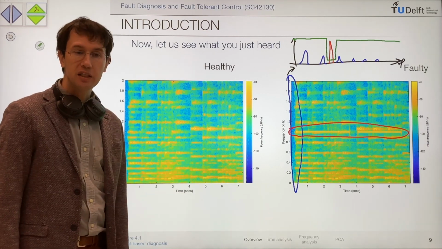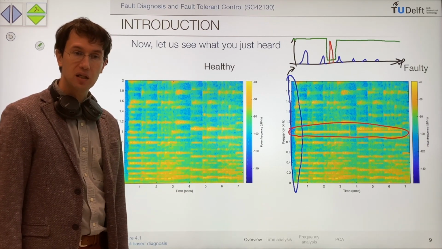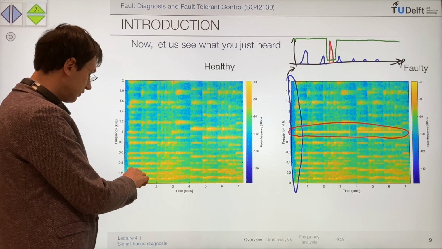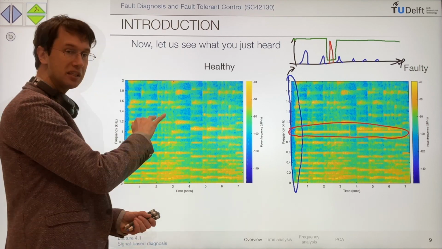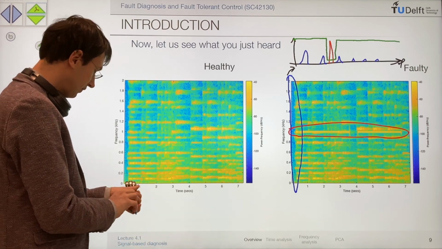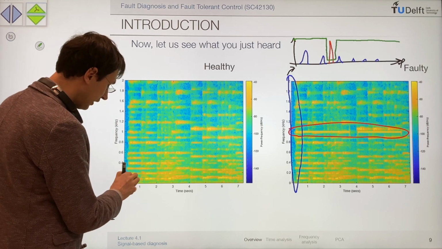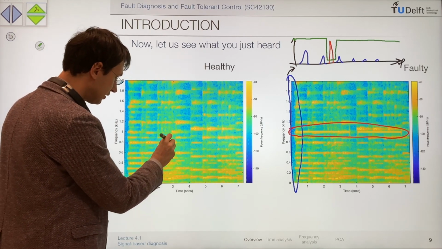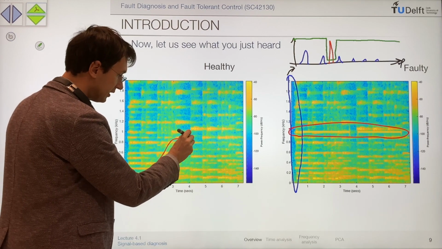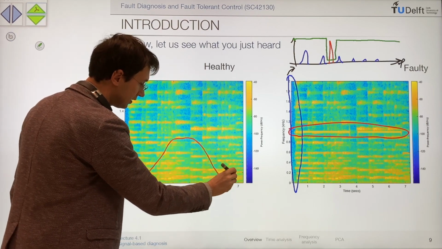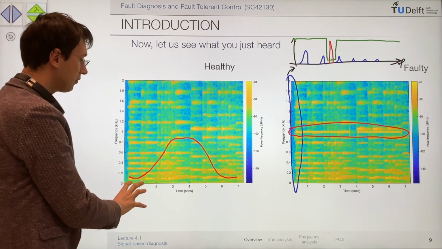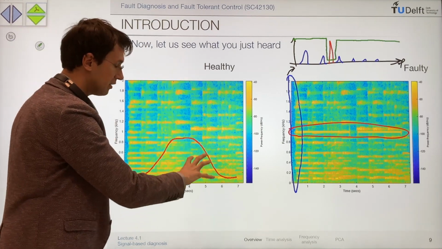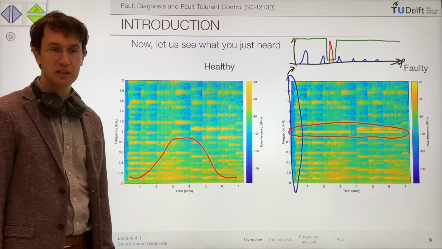But when the machine is speeding up or down, all these frequencies are increasing or decreasing. So this component here, during a speed up, will do this. And during a speed down, will do this. So the entire spectrum will be shifted up and down when you have a change in speed.